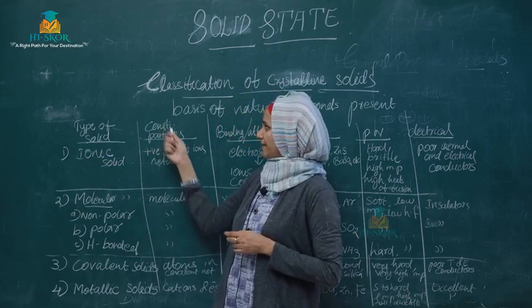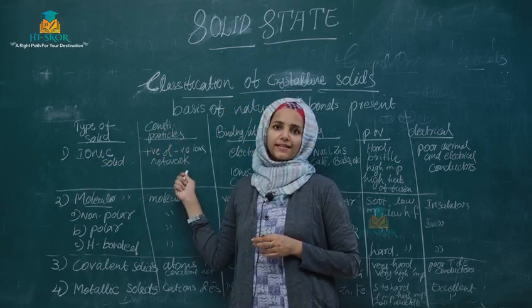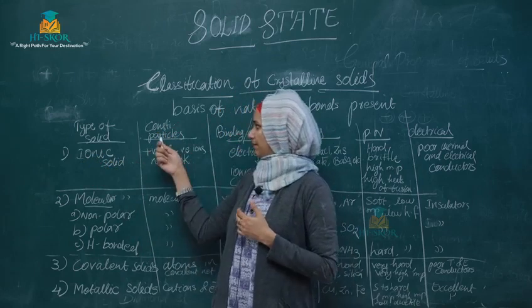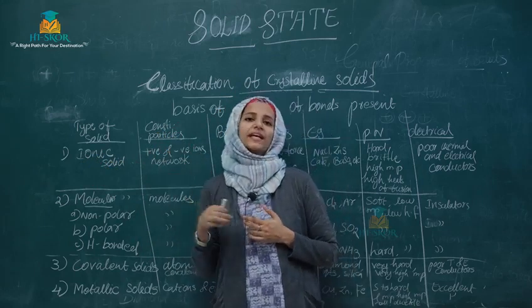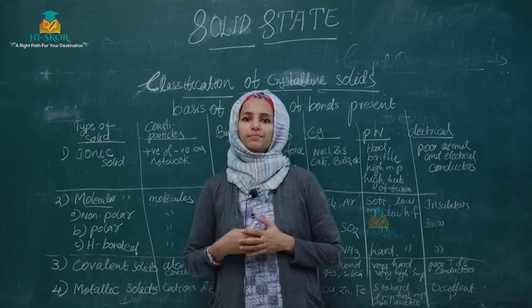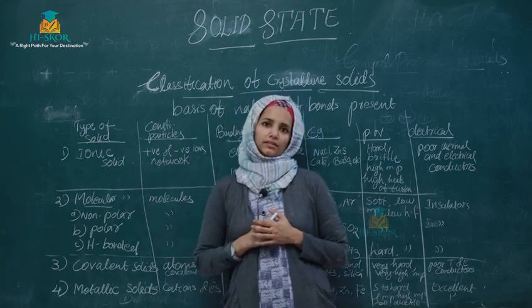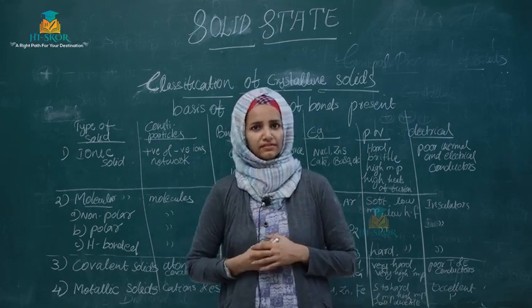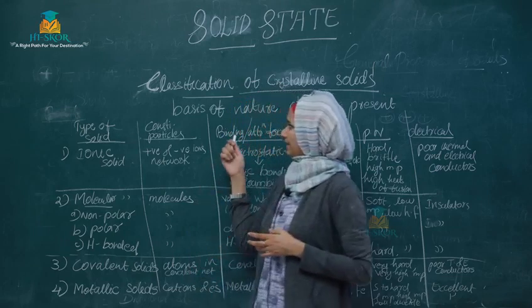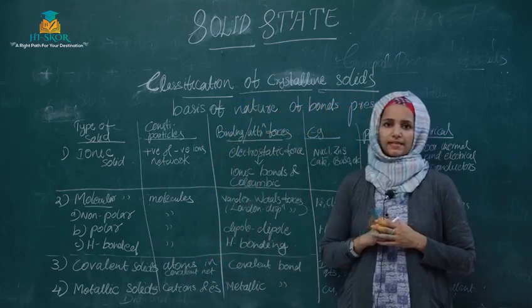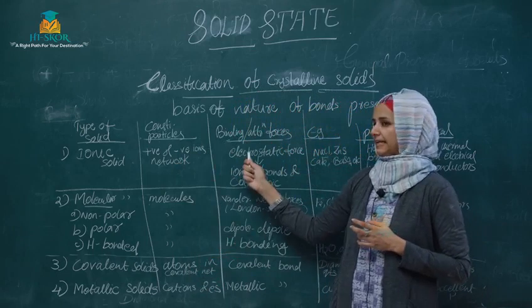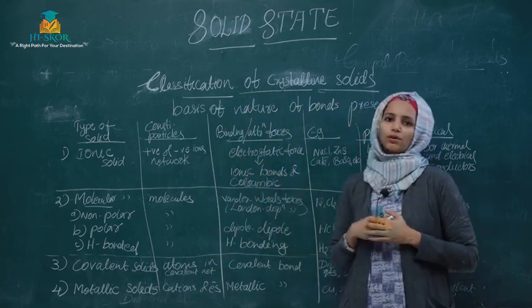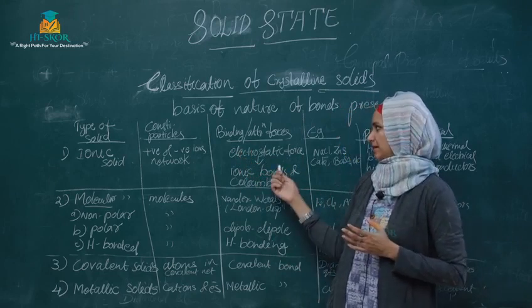What are the constituent particles present in ionic solids? Earlier I told you, they are positive and negative ions, that is, cations and anions. And the type of bond present in ionic solids is electrostatic forces, such as ionic bonds or Coulombic forces of attraction.